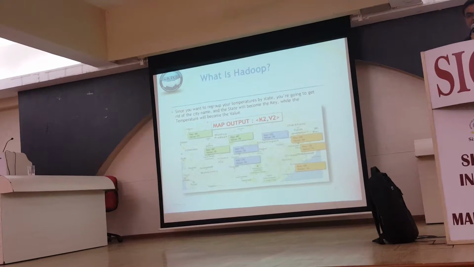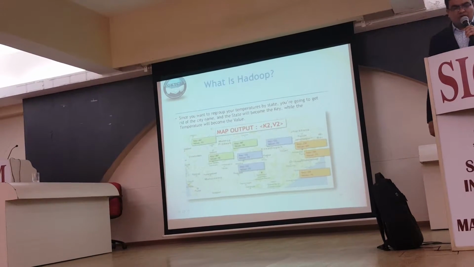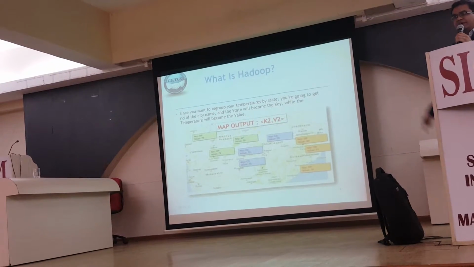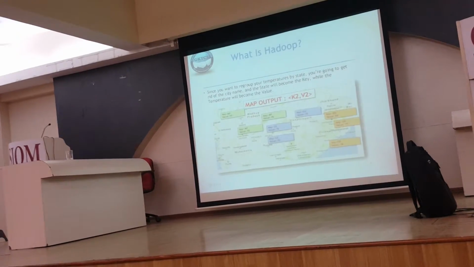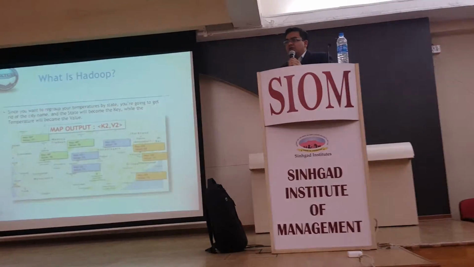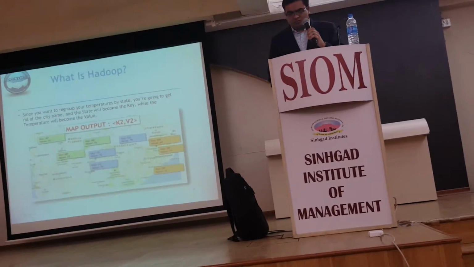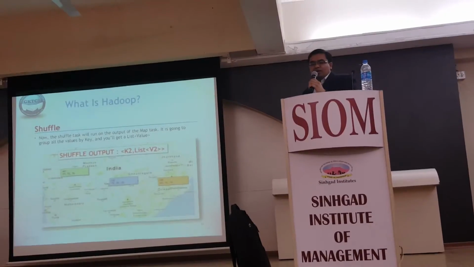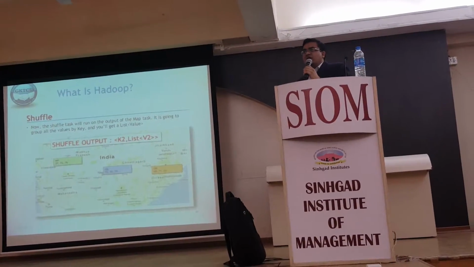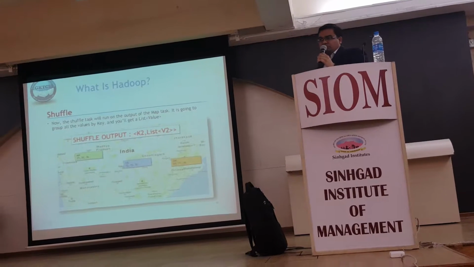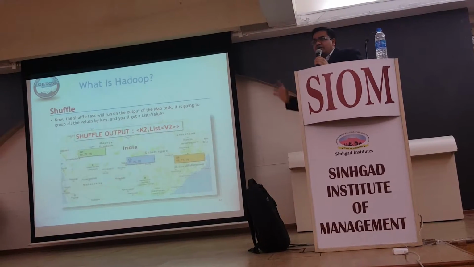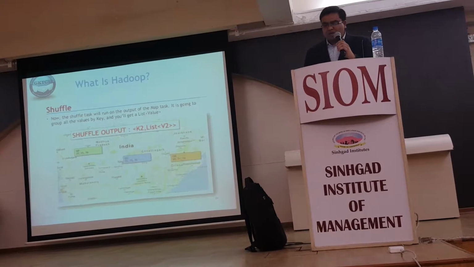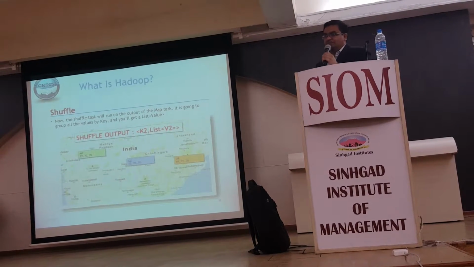Then we have the map output, which comes out as just the state. We take the key as empty and replace the city name by the state name. Then we have the shuffle program. In shuffle, MP related data I will combine, CG related data I will combine, and OR related data I will combine.